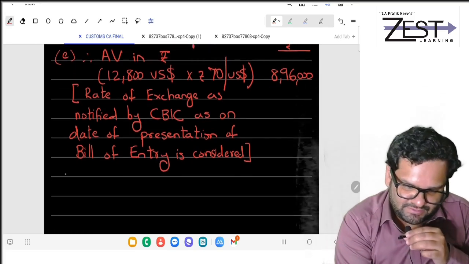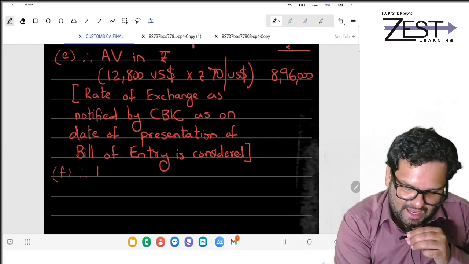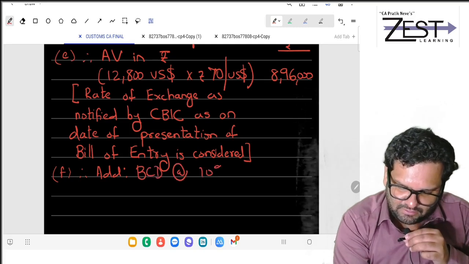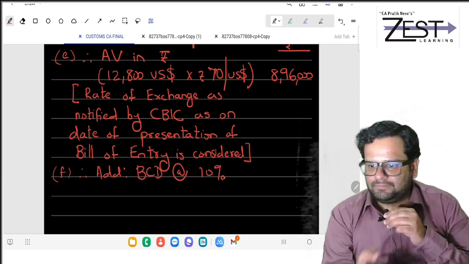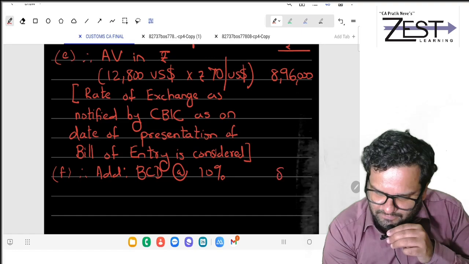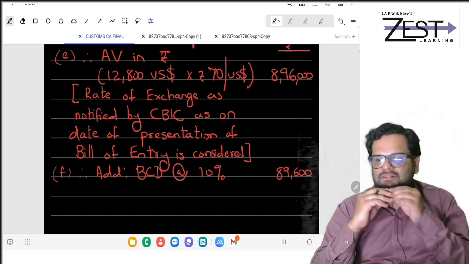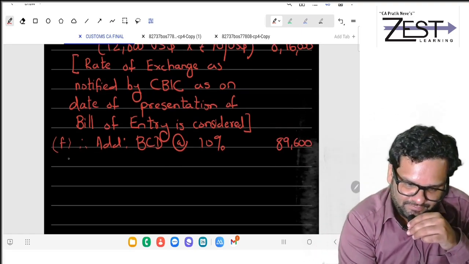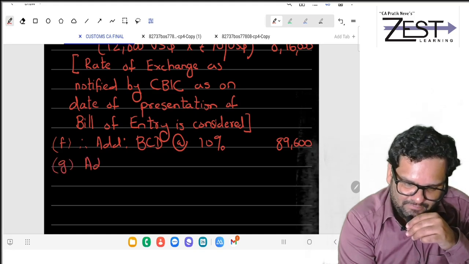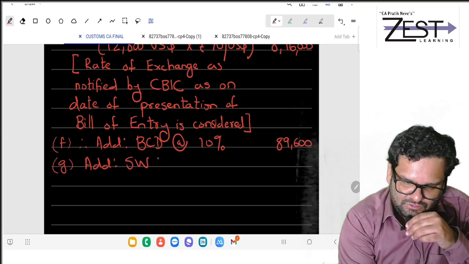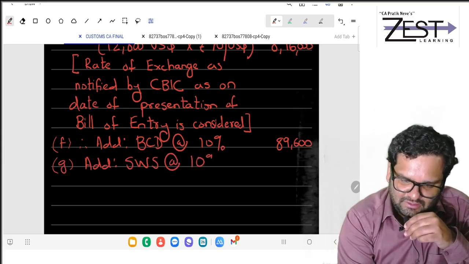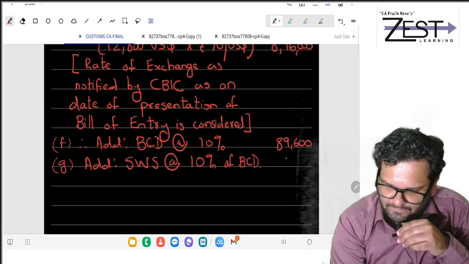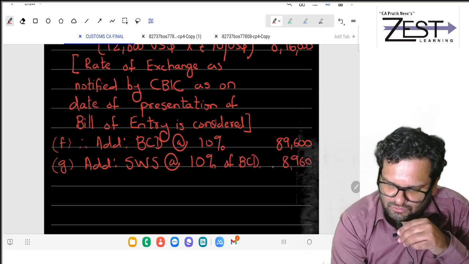Shall we go ahead, friends? Add basic customs duty at 10%, that is 89,600. Shall we go ahead? Add social welfare surcharge at 10% of basic customs duty, 8,960.